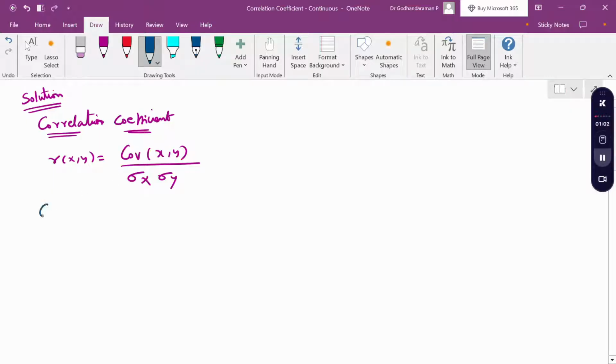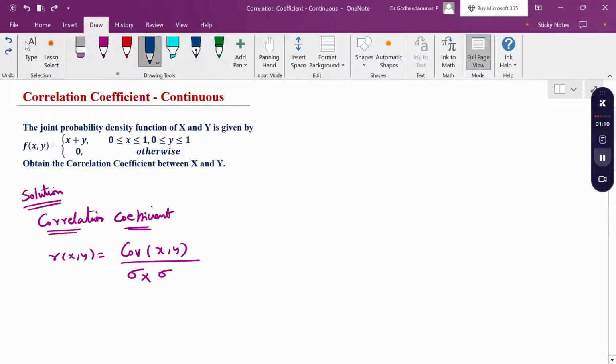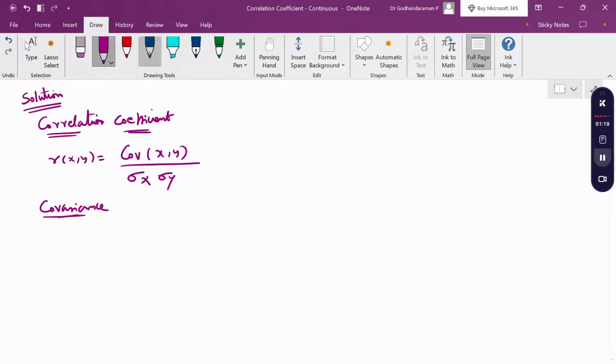Now covariance. What is the formula for calculating covariance? Covariance is the expectation of xy minus expectation of x times expectation of y.